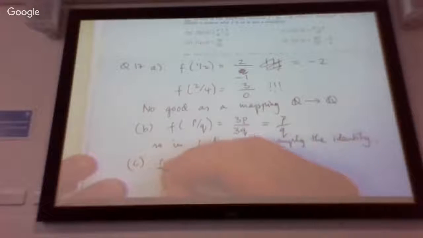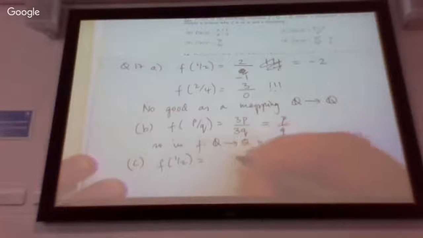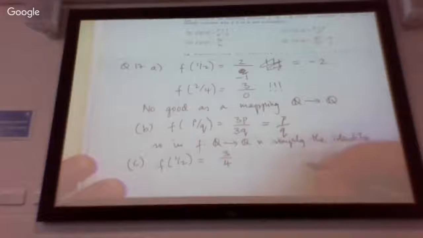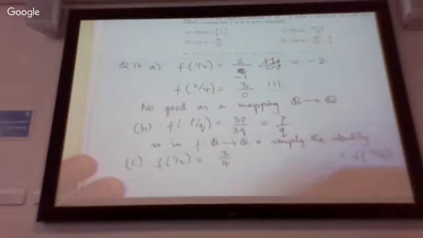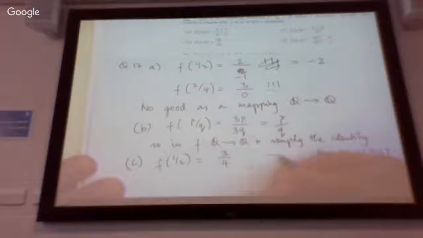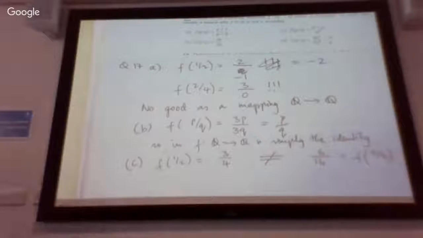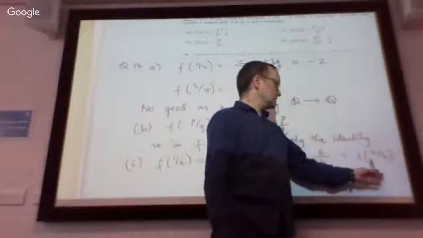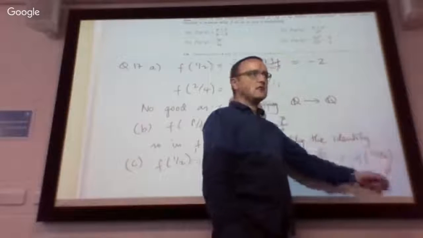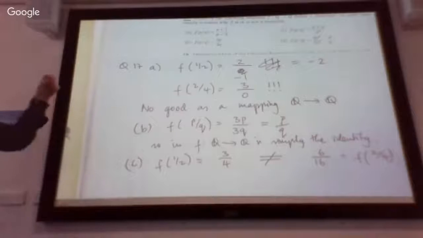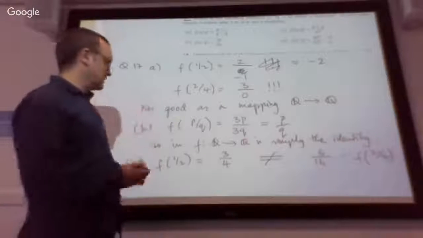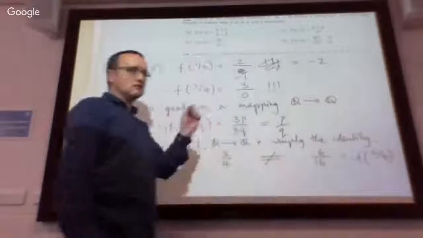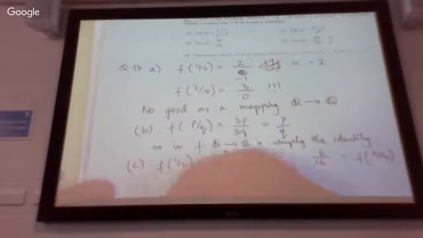So in C, f of 1 over 2 is 3 over 4, whereas f of 2 over 4 is 6 over 16, and they are certainly not equal. So f of a half does not turn out to be the same as f of 2 over 4, and that's no good for a function from the rational numbers, because a half and 2 over 4 are the same rational number. So this is not well defined.